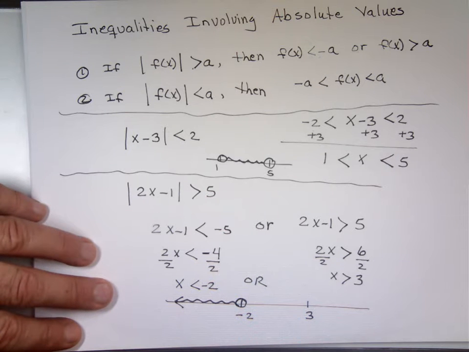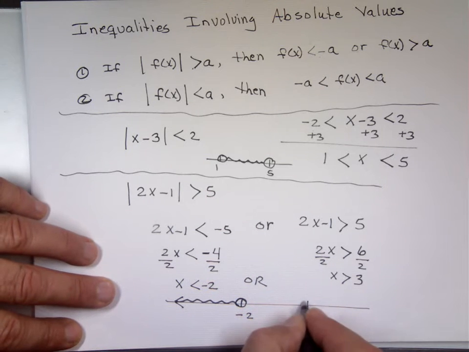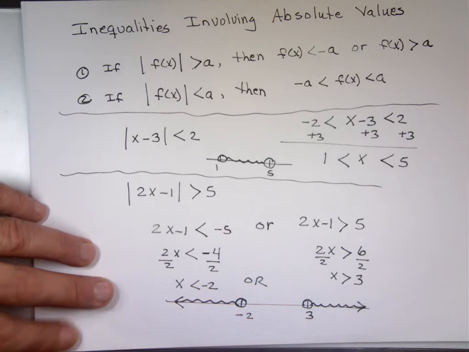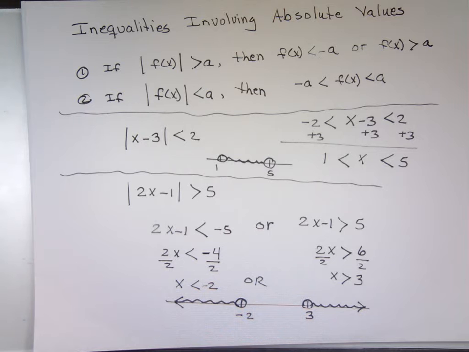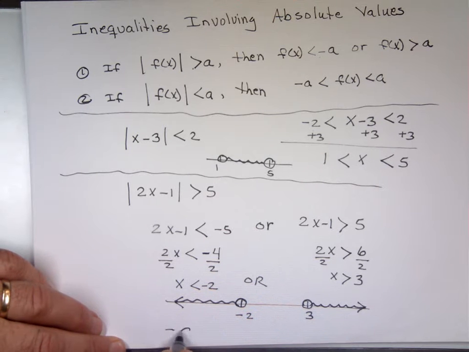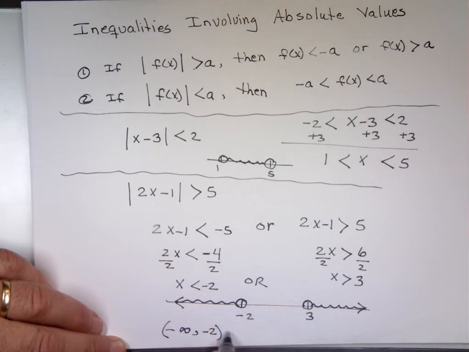And the other one says what? X is greater than 3. And that's your answer. From negative infinity to negative 2, add to it from 3 to where? Infinity.